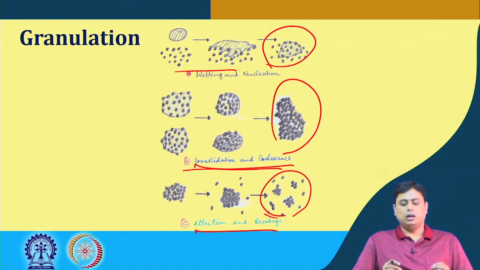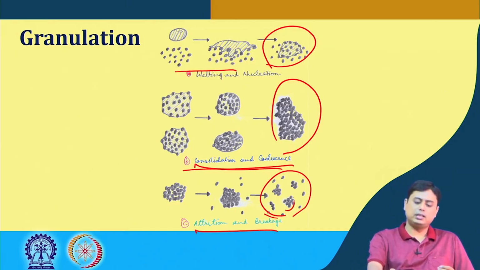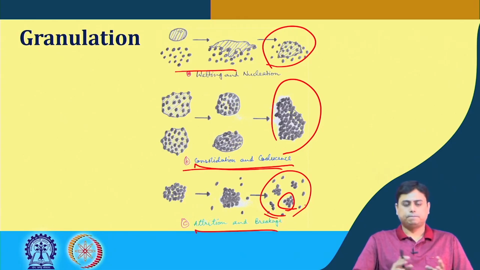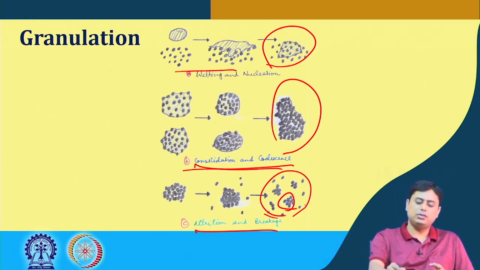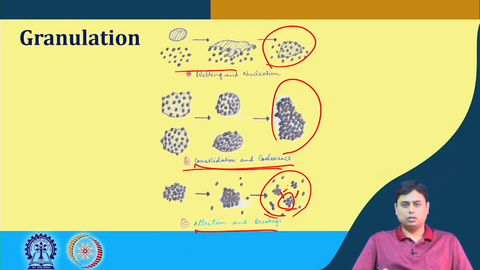And once after this critical stage, the size remains more or less unaltered, which means we can have a size distribution of the end granules or the end product.